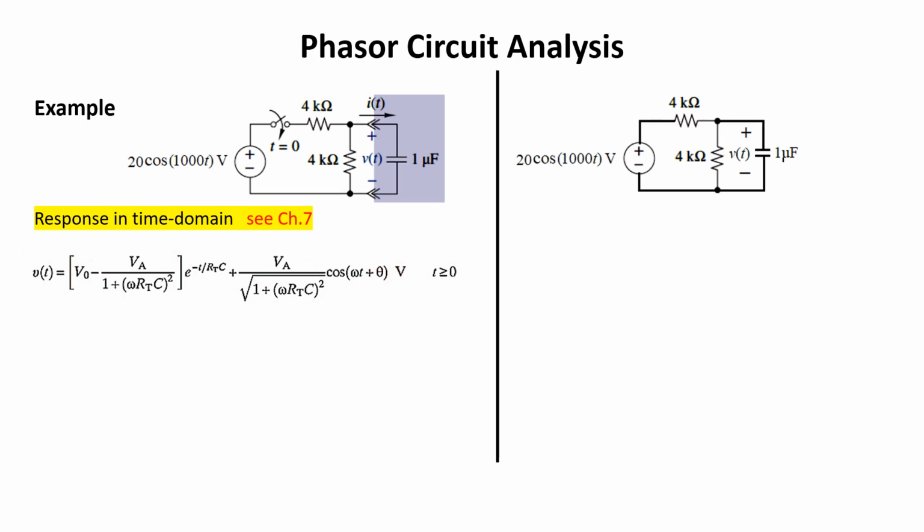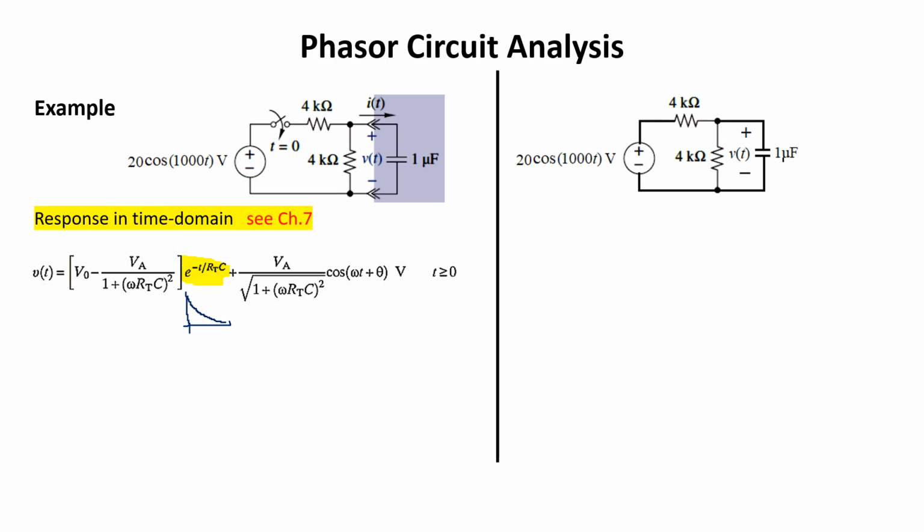Note that this term will be exponentially decaying with respect to time. If I draw it, it decays due to minus t over RC, so this term will be like that. This is the exponentially decaying term.